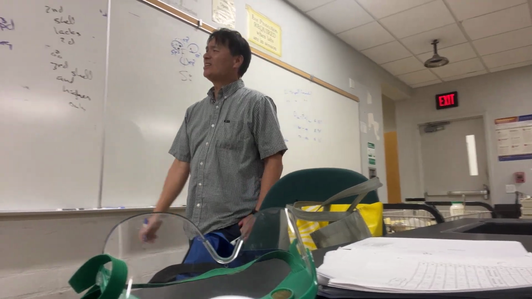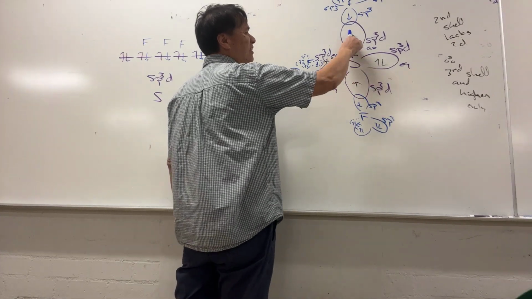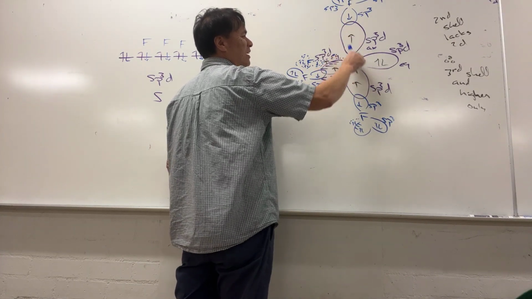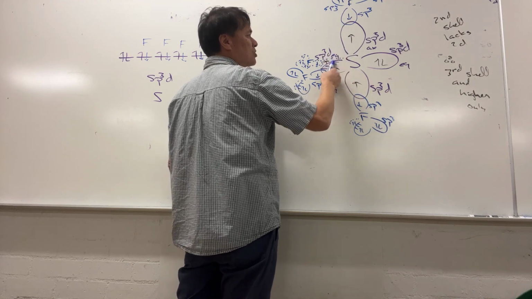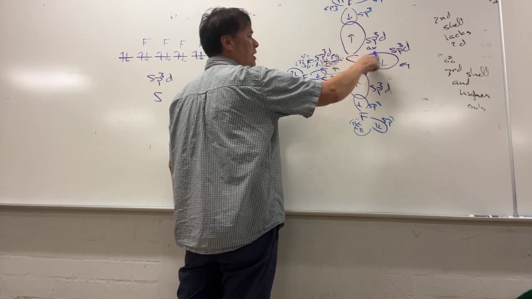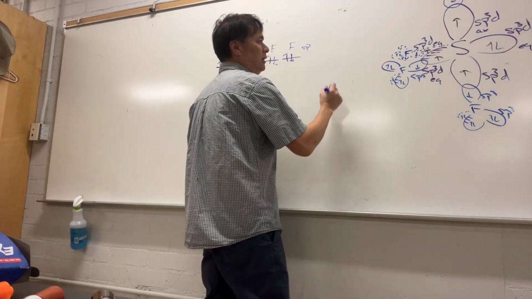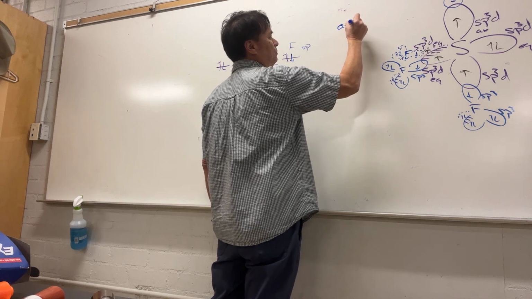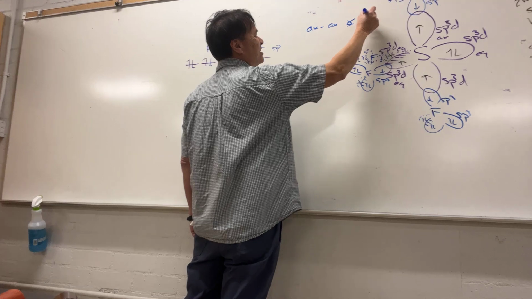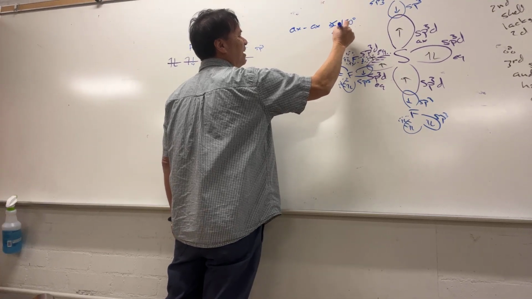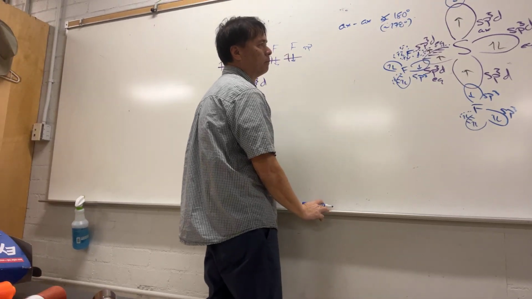Whereas over here, the angles are going to be distorted because of the lone pair. Since I have that lone pair, the axial is going to get pushed to the left, and this axial is going to get pushed to the left. And the angle is going to be the shortest, not the widest. So axial to axial should be 180 degrees, but we're going to guesstimate 178 degrees. This is the lone pair.